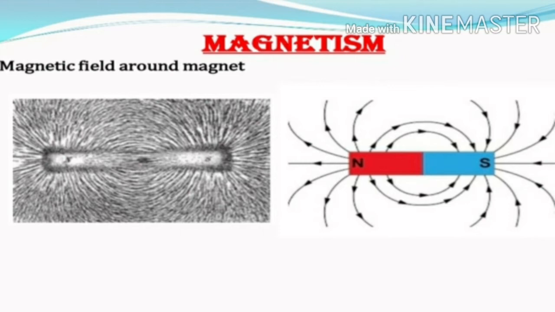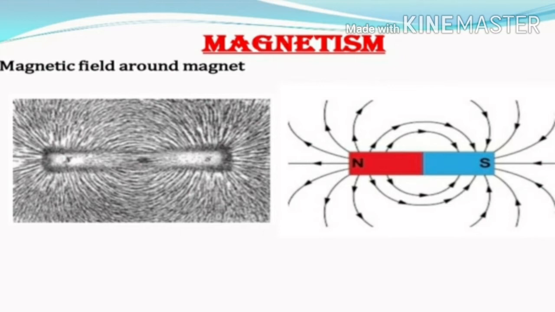Make a dot in that direction, move the compass from that position and place it on the dot in such a way that the base of the arrow is at the dot. Make a new dot in the direction where the arrow of the compass is pointing now, until the compass reaches the opposite pole of the magnet.